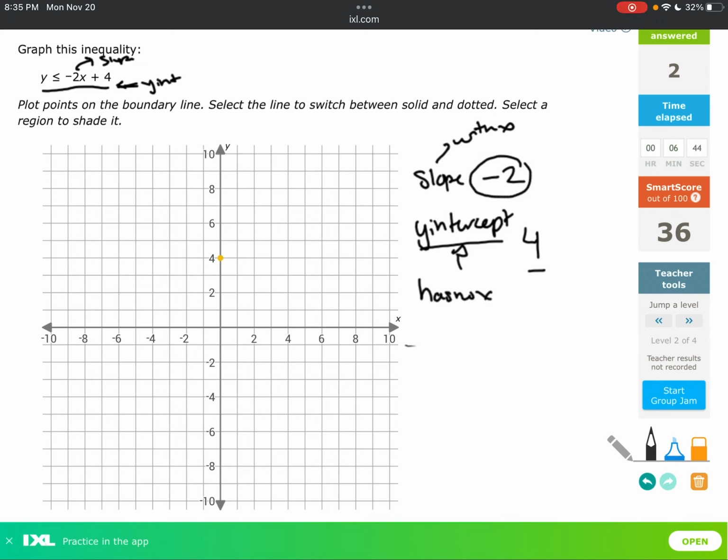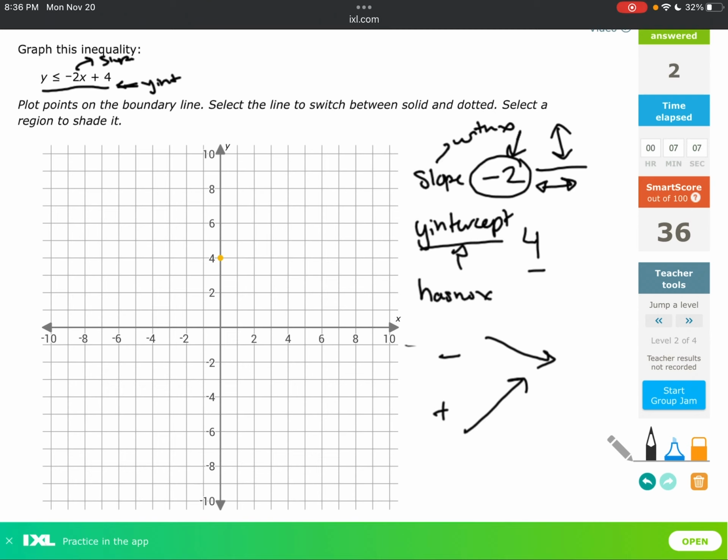Now the slope is the change in y, the change up or down, over the change in x, the change left or right. And now this slope is negative, so if it's a negative slope, the line is going to go down, and if it's a positive slope, the line is going to go up.